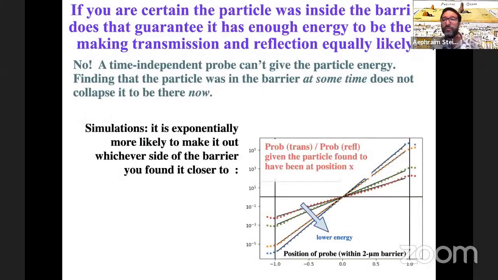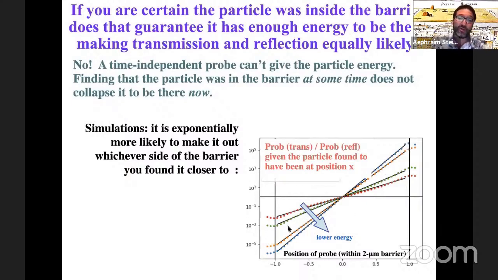So here's what he found. Do the simulations. You look at this ratio of the transmission and reflection probabilities for the particle that ended up with the minus x spin. And on a log plot, you see that it's always exponential. It's exponentially more likely to show up on the right if the position where I put the probe, where I found the particle, is on the right.